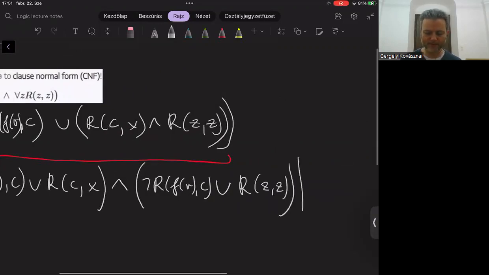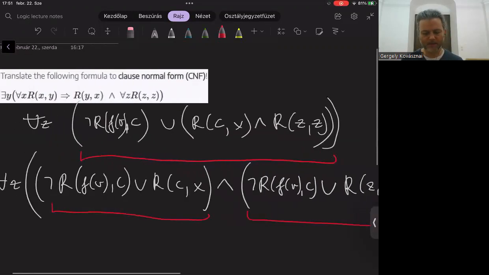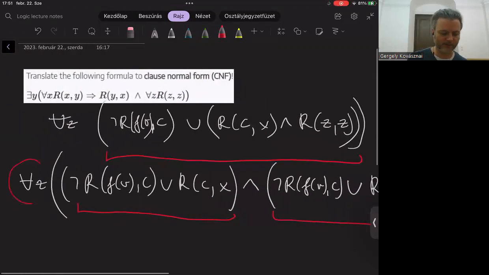This is going to be the second clause. So we have two clauses now. Let me just highlight them. They share the quantifier, and this is something we should change. We should, so to say, propagate the quantifier into all the clauses.